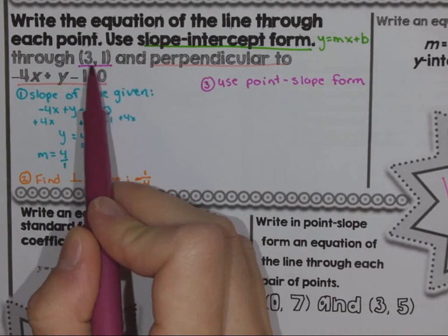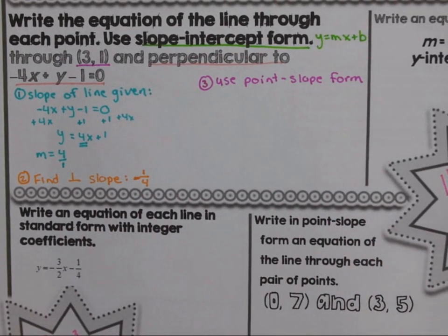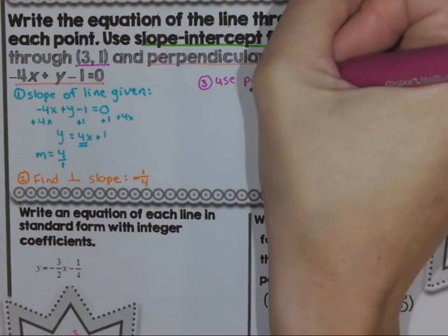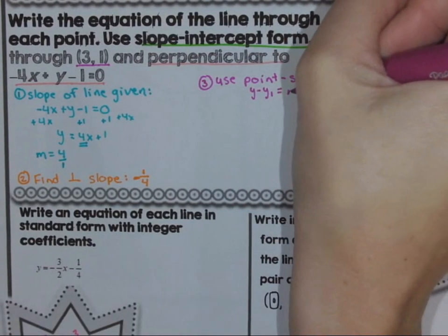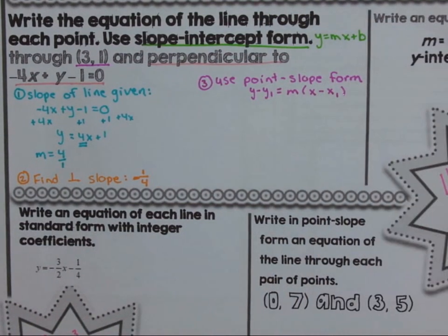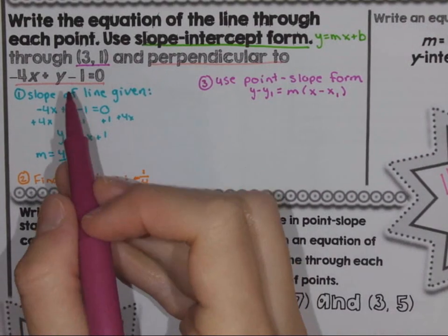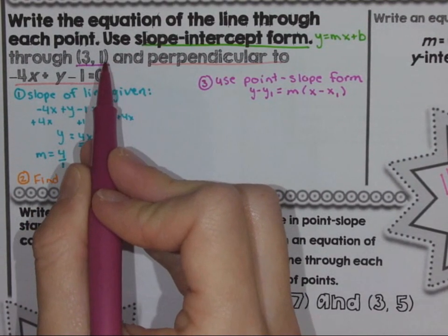I'm given a point, I now have a slope, so we're going to use point slope form. A reminder, point slope form is y minus y1 equals m times x minus x1. So again, my x1 and my y1 are coming from this 3, 1.